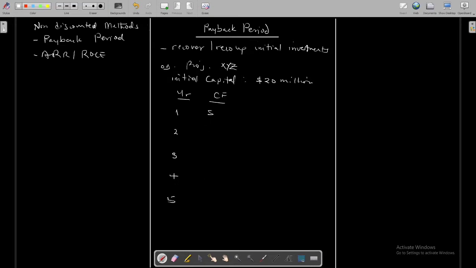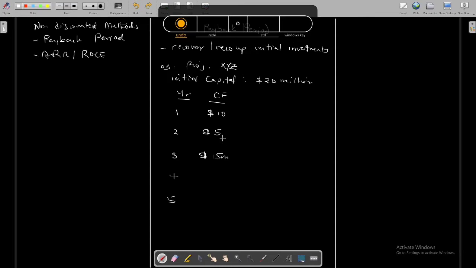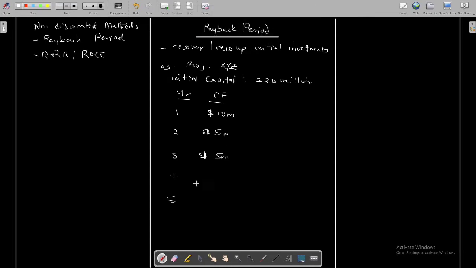They are expecting $10 million in year 1, $5 million in year 2, $50 million in year 3, $8 million in year 4, and $7 million in year 5. The question is, how long did it take the company to recover its initial investment?